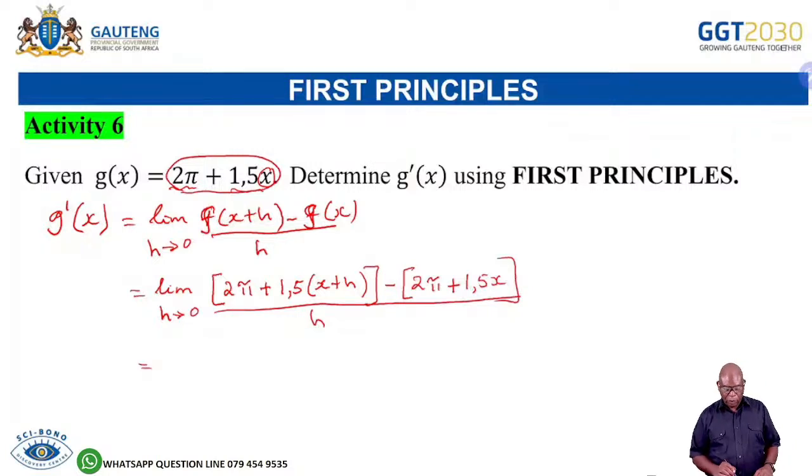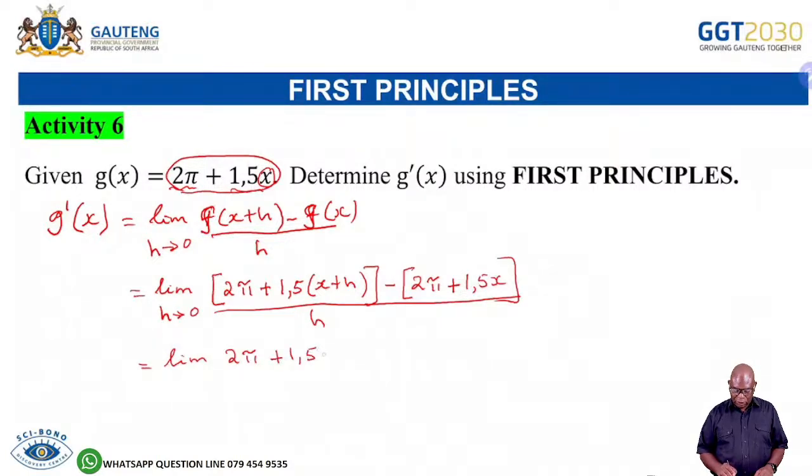So here I'm now going to simplify the limit of 2 pi plus 1,5x plus 1,5h, because I'm multiplying this out, then my minus sign, 2 pi, negative by positive, it's negative 1,5x, all this all over h, when h is approaching 0.